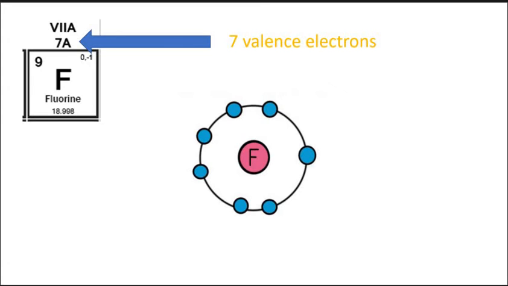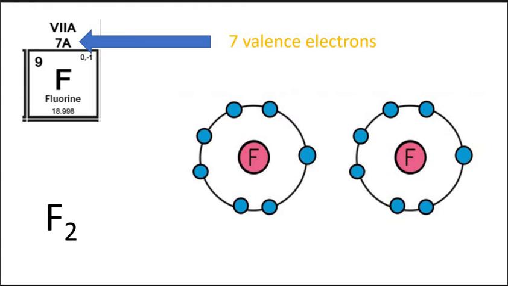Now obviously to bond it, it has to have another atom to go with it. Now fluorine actually naturally appears as the molecule F2. So fluorine can bond with another fluorine. So after you draw your one fluorine, you're going to want to have another one.